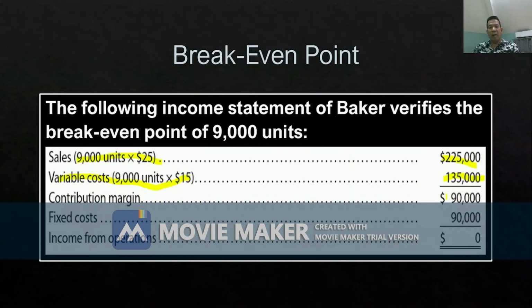So we have the contribution margin of $90,000. Since Beaker also has the fixed cost of $90,000, walang income si Beaker. So, zero. Kasi the contribution margin is equal to the fixed cost.